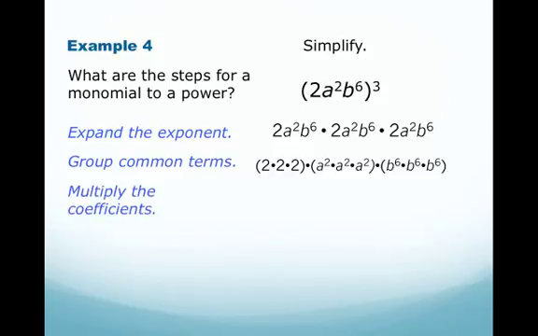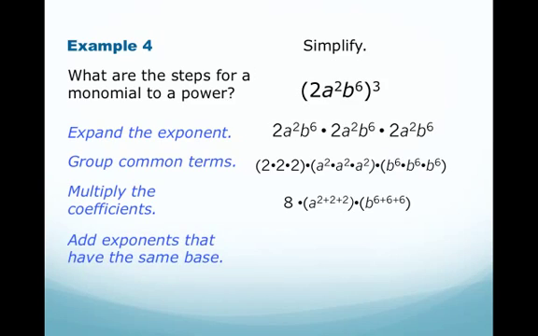I multiply my coefficients. 2 times 2 is 4. 4 times 2 is 8. And then I can add the exponents, which is a to the 2 plus 2 plus 2, b to the 6 plus 6 plus 6. And when I add my exponents, I get 8a to the 6th, b to the 18th.